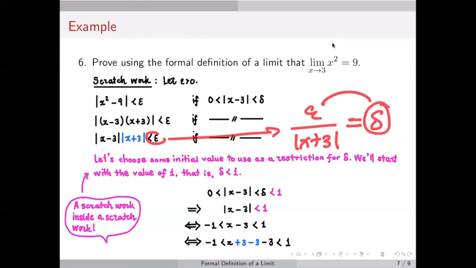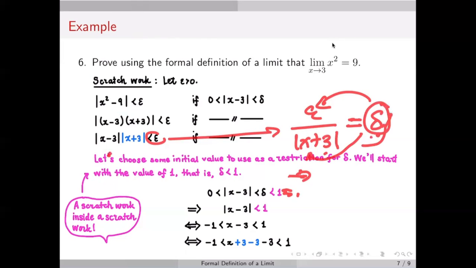You see, delta only has to depend on epsilon. It cannot depend on x. If that were the case, it means that if your x is far away from, or close enough to 3, it would affect your choice of delta.